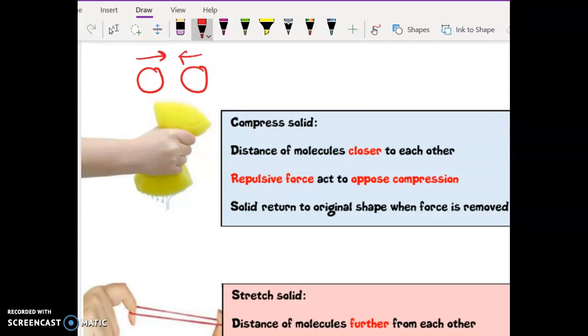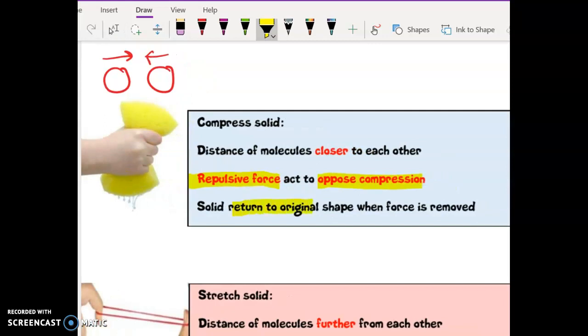When they are closer, the repulsive force between the atoms will act to oppose compression. Once we release the force, the sponge will return to its original shape.